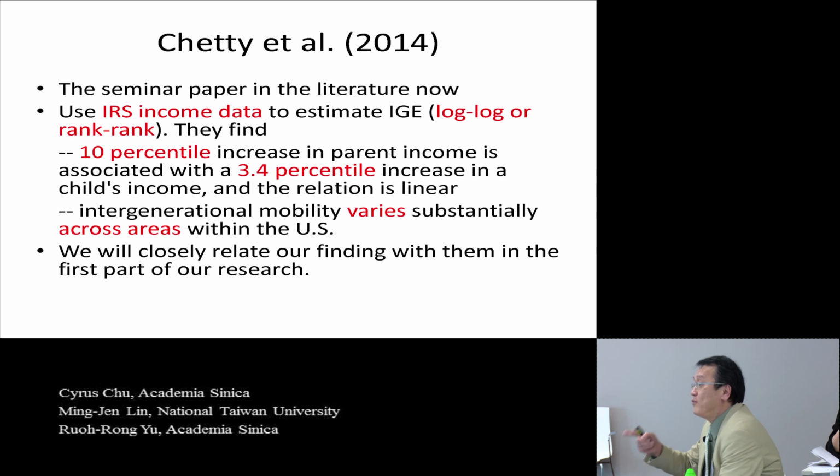They separate the parents into 100 parts and the children into 100 parts, and estimate the rank regression. They conclude that a 10% increase in the parent's income will cause, say, a 3.4% increase in the child's income, both in log and in rank. That's about what they have said.